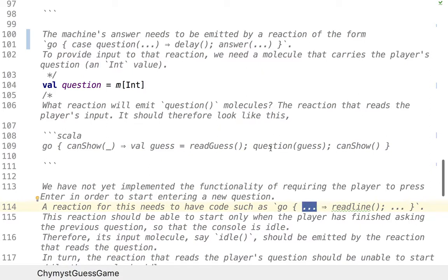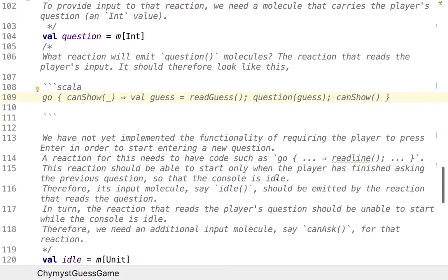Now that molecule cannot be question, it cannot be can_show, because those are already busy doing other things, so this needs to be a new molecule. Let's call it idle. And we mean that if this molecule is present, the console is idle. The player has finished asking the previous question and is not using the console. So this molecule should be emitted by the reaction, this one that reads the question. So we have to add this over there.